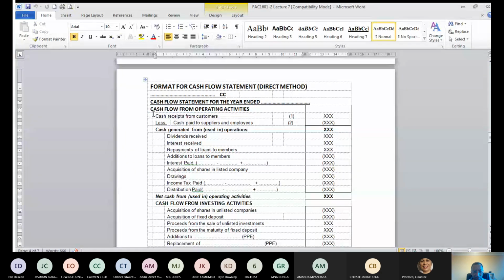The first calculation is the cash receipts from customers. We subtract the cash paid to suppliers and employees. Cash receipts from customers is note number 1. Cash paid to suppliers and employees is note number 2. The cash receipts from customers minus the cash paid to suppliers and employees will give you your cash generated from operations.